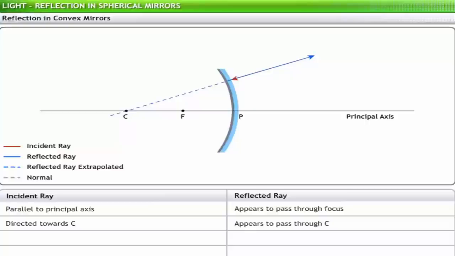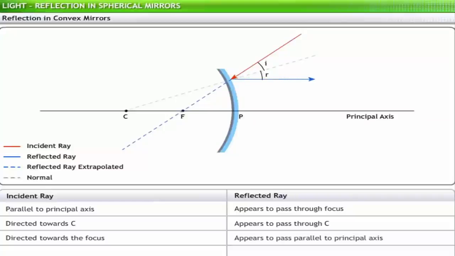This enables the driver to see the parking meter on the other side of the road. Next, look at incident rays that are directed towards the principal focus. The reflected rays go parallel to the principal axis. This is how the driver is able to see the traffic signal which the car has crossed.